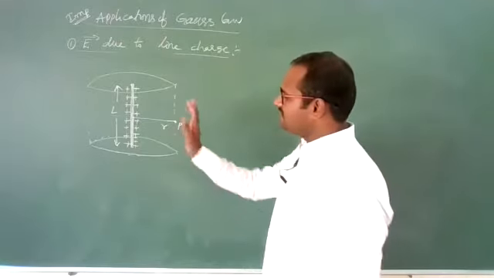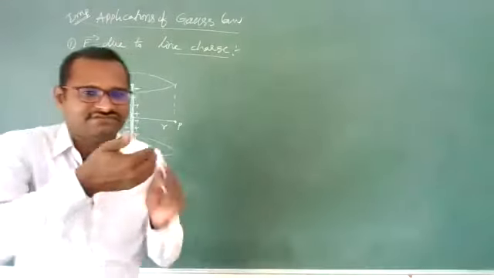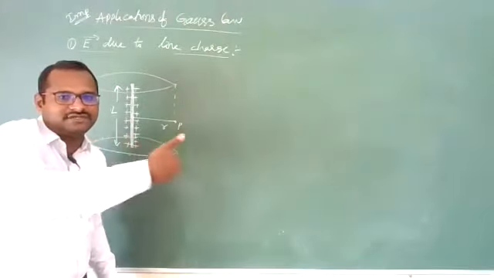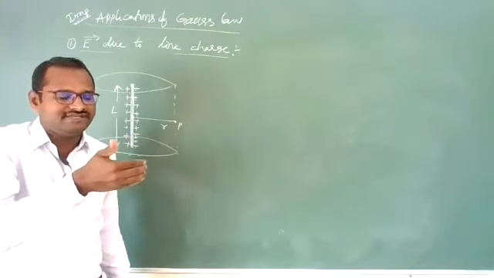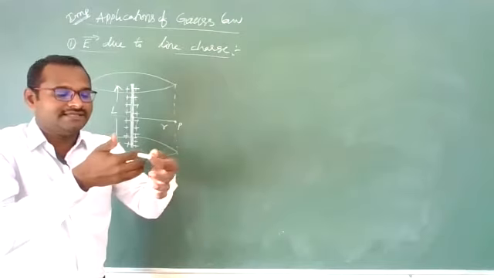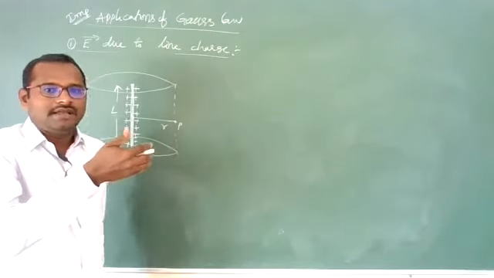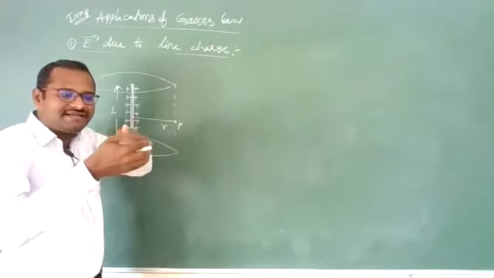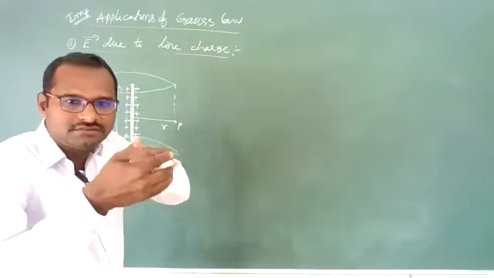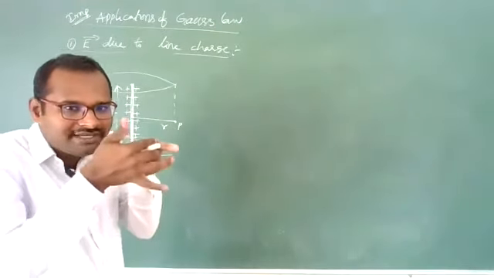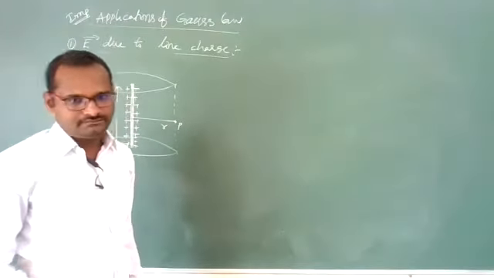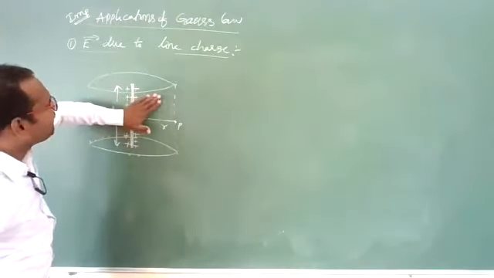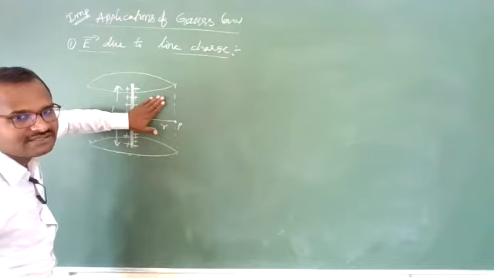For this curved surface, the area vector will be perpendicular, and from the line charge the electric field goes outward like this. Both are in parallel directions. So this is the perfect Gaussian surface to be considered for a line charge.